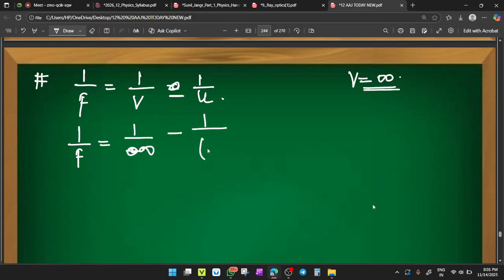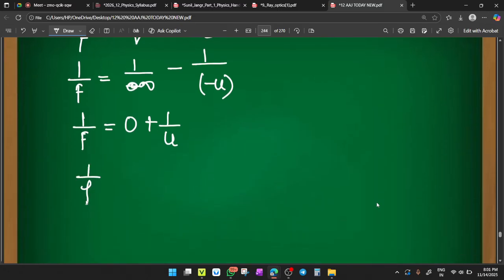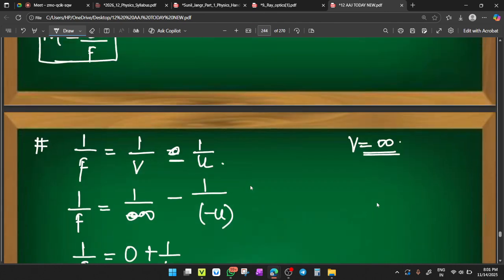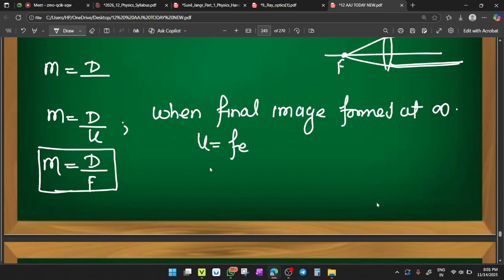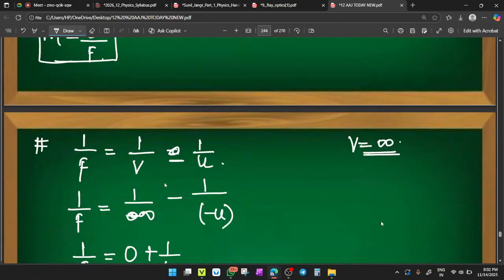As u is on the negative side, you place minus u. So 1 upon f equals 0 minus 1 upon u, so 1 upon f equals 1 upon u. By cross multiplying, you have u equals f, the focal length.